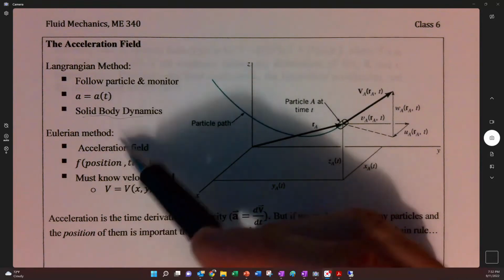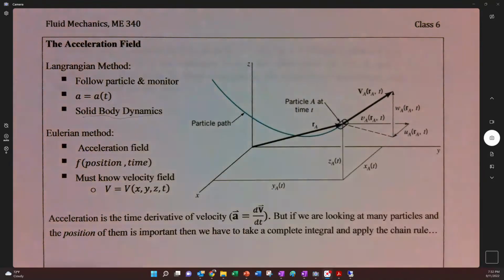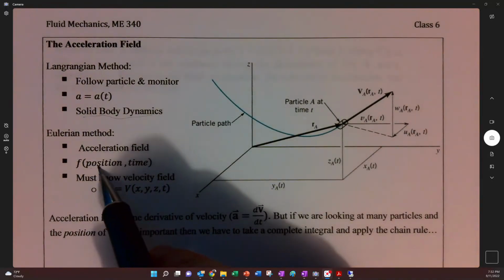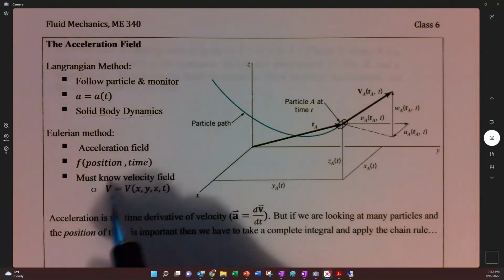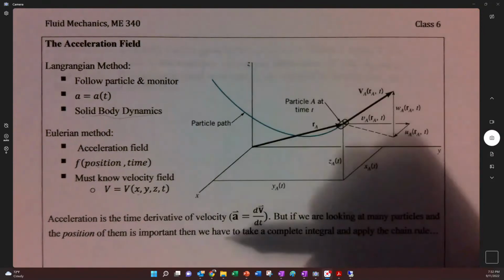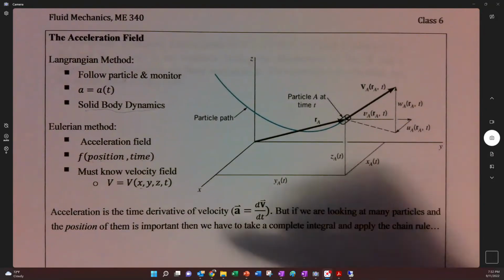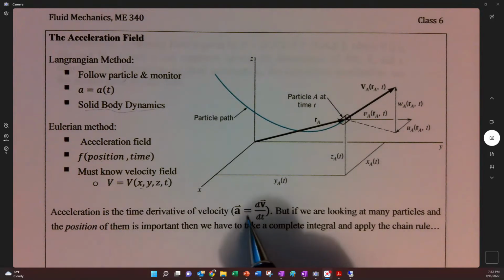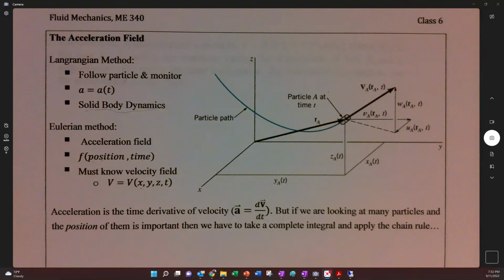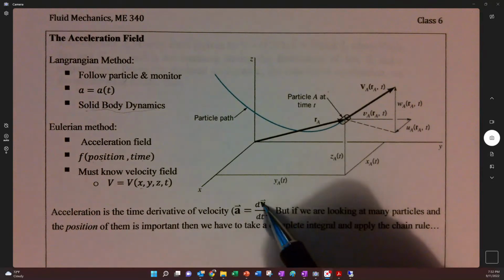That's what we see. But in the Eulerian method, when we're talking about a field, it's a function of both position and time, because the velocity is also a function of position and time. It's not just one particle, it's a field of velocities. So the acceleration is the time derivative of that velocity field.